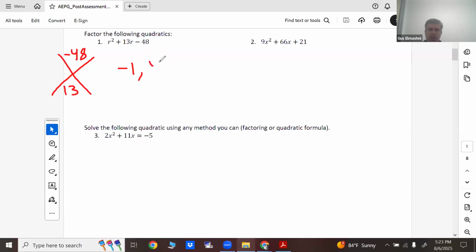Or always start with one in itself and then whittle your way to the middle. So -2.